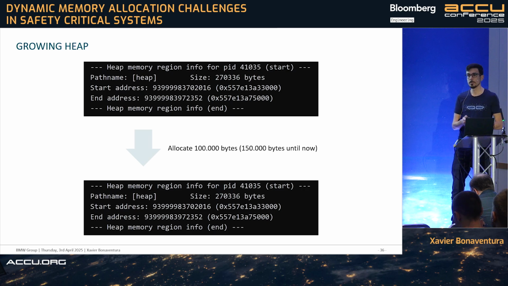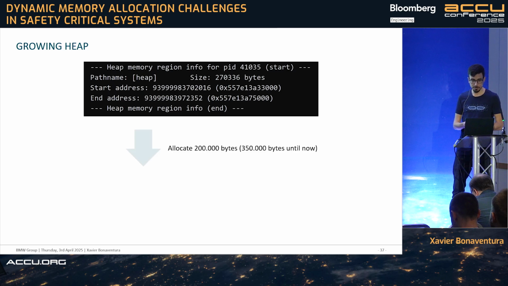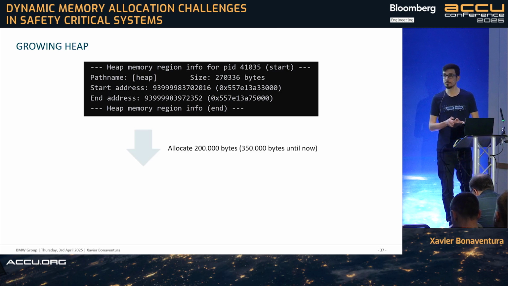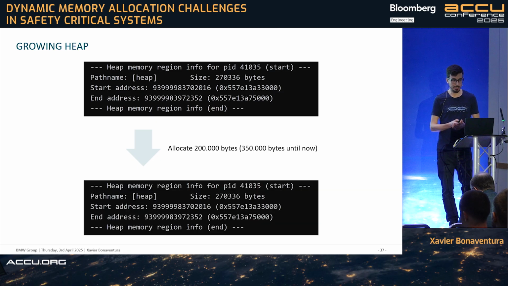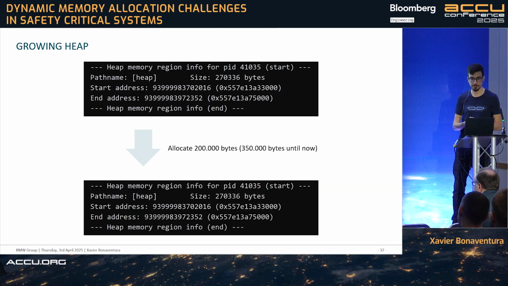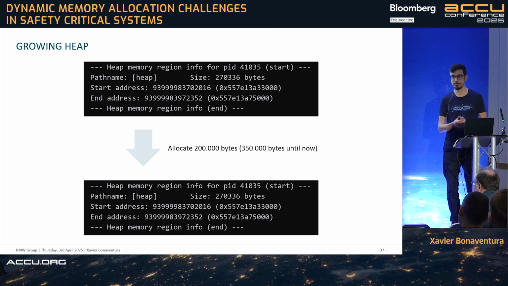Okay, let's be a bit more ambitious. Let's allocate 200,000 bytes. It means that until now it would be 350,000. And we look at the heap, and we see that we have 270,000 bytes.